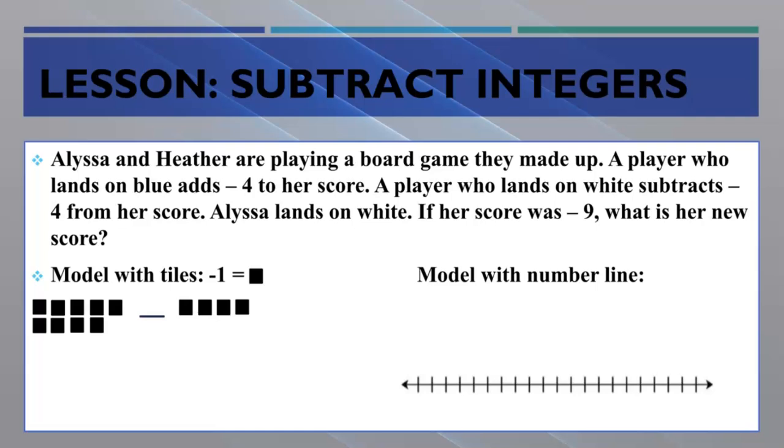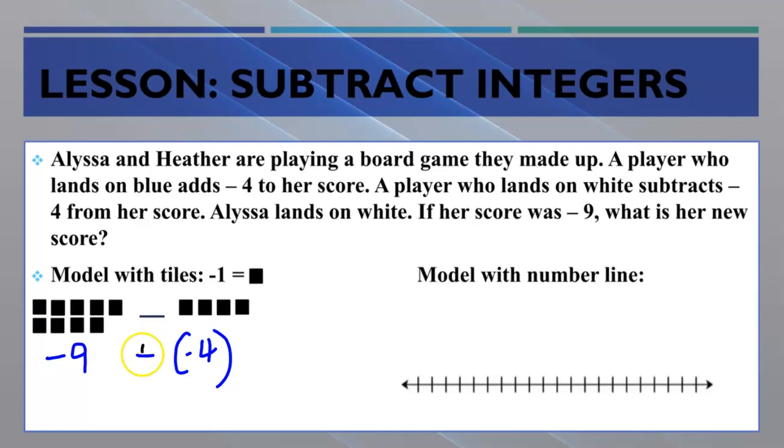If you look at the tiles down here, one black box equals a -1. On the left side, I have 1, 2, 3, 4, 5, 6, 7, 8, 9. So I have -9. Then we're going to subtract, and because she landed on white, we have to subtract a -4. If I subtract a -4, we're going to add the opposite.